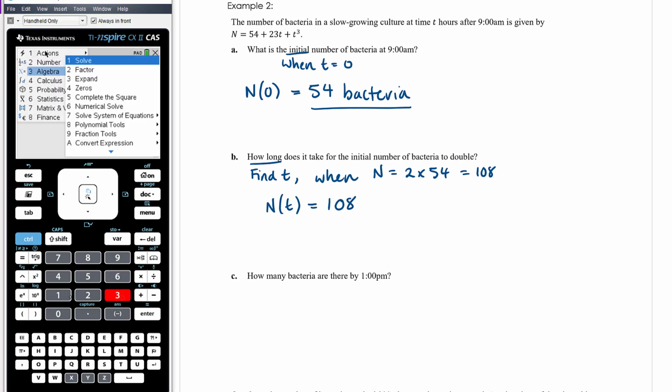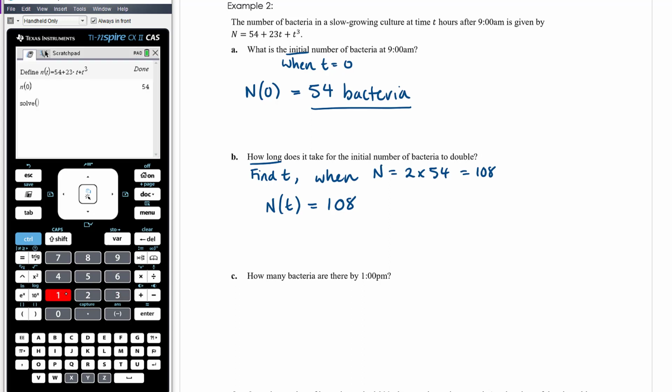So menu 3.1 to solve. We want to solve n of t equals 108 for t. Okay, and that happens when t equals 2, so therefore it takes 2, what's our time units? Hours. 2 hours to double.